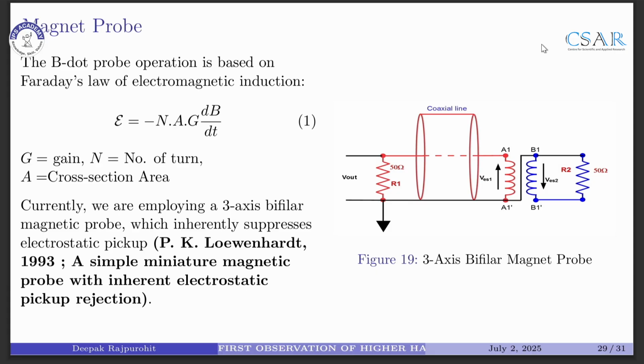In his 1993 RSI paper he gives a design to reject and mitigate inherent electrostatic pickup, so that we get only the electromagnetic signal, and we are interested only in the electromagnetic signal.